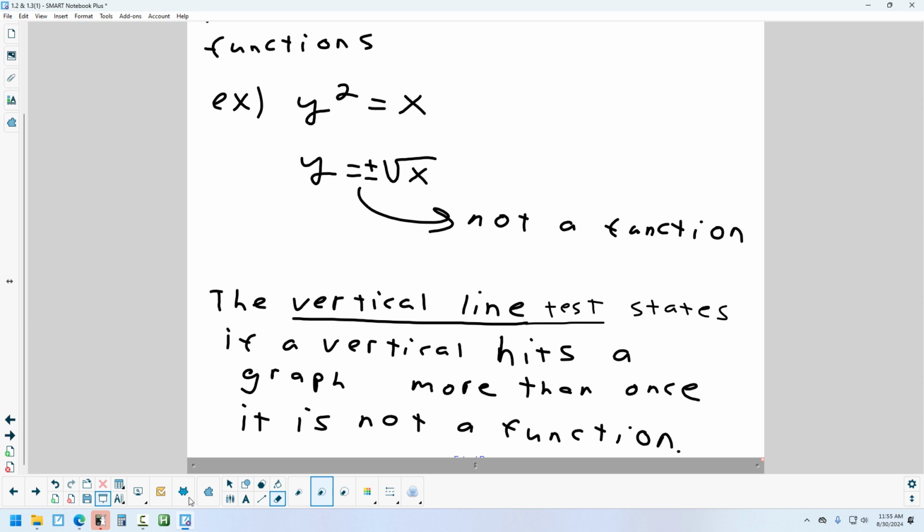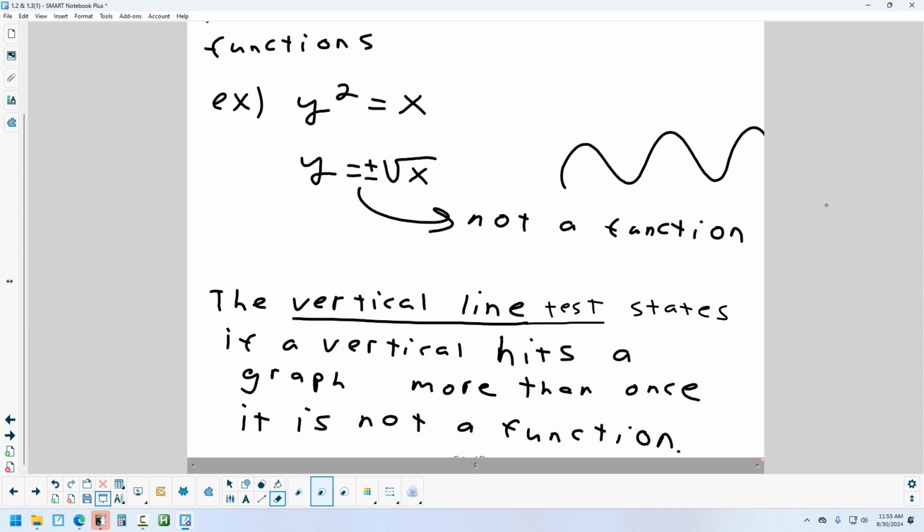So circle, not a function. How about something like this? Would that be a function or not a function? Yeah. Yeah, that's a function. If you draw a vertical line, it never hits it more than once.